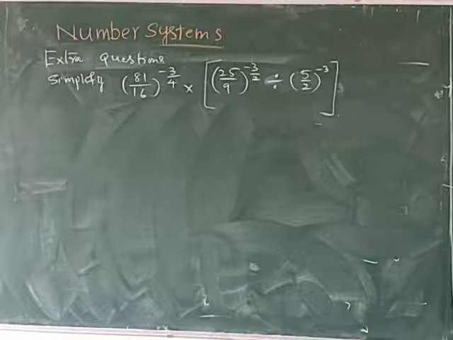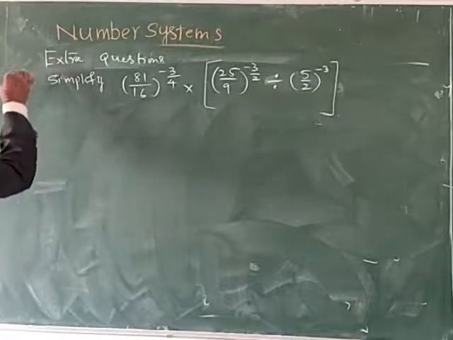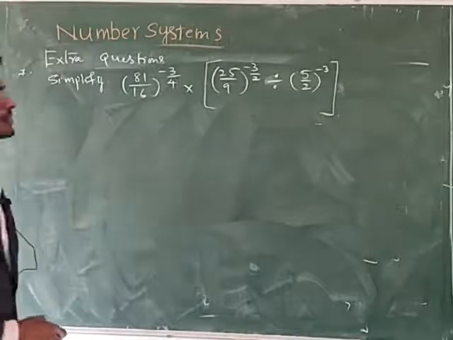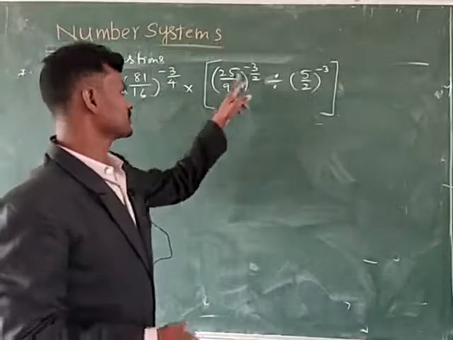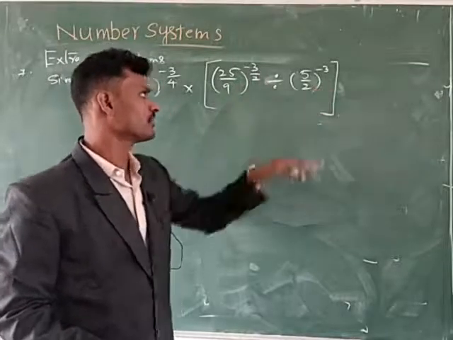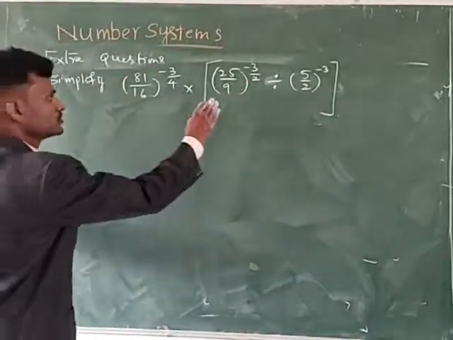Next problem, this is 7th I think. Simplify 81 by 16 whole to the power of minus 3 by 4 into bracket begin 25 by 9 whole to the power of minus 3 by 2 divided by 5 by 2 whole power minus 3. First we have to take this one.